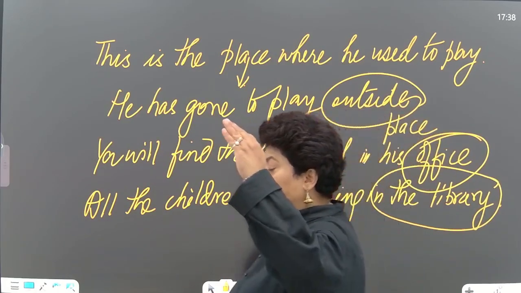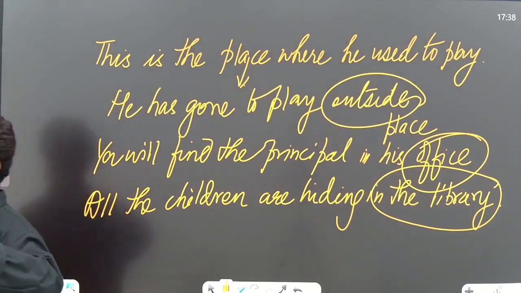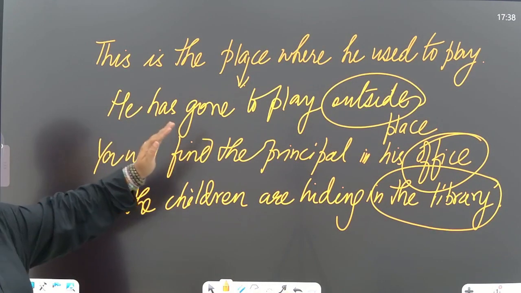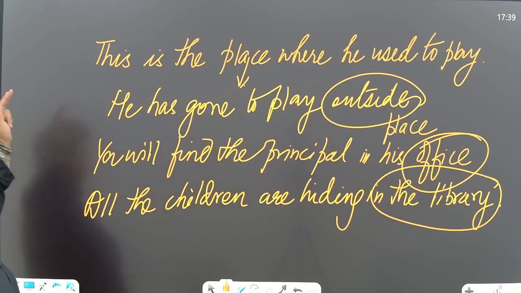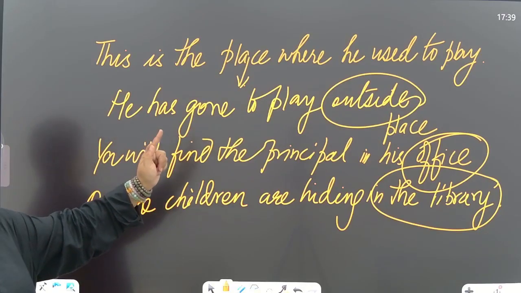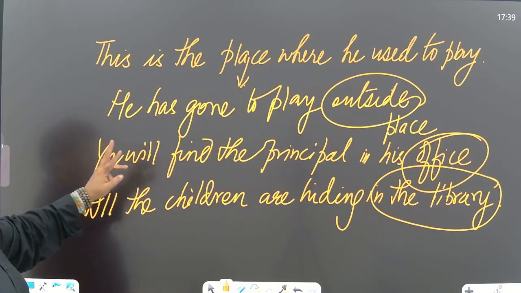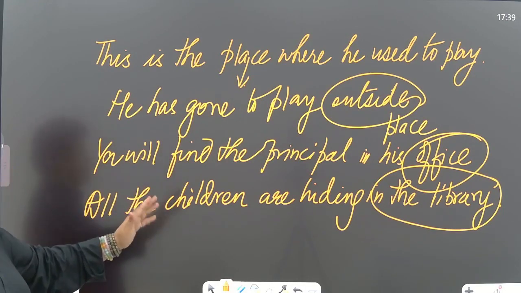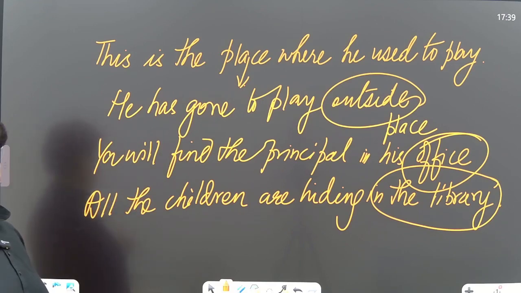Now again, in synchronization, we talk about the same thing. I talk about the first sentence again. This is the place where he used to play. He has gone to play outside. You will find the principal in his office. All the children are hiding in the library.